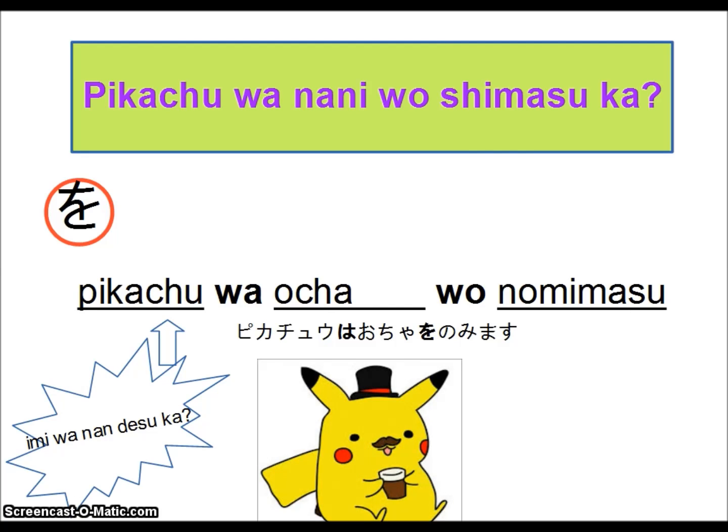Pikachu wa ocha o nomimasu means Pikachu is drinking tea, or Pikachu drinks tea. Because we have something wa, object o, verb.